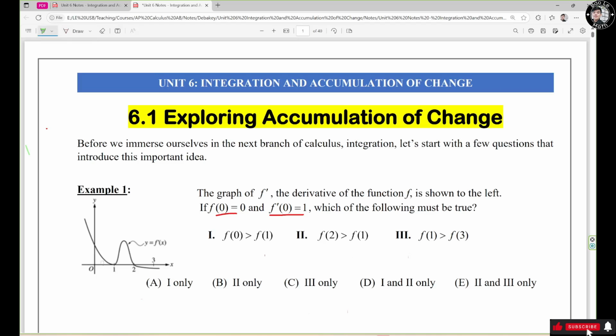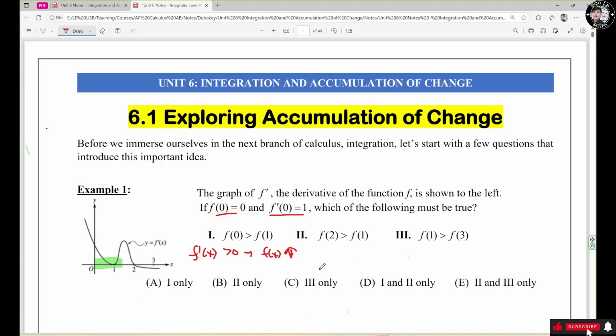So we observe that on the interval 0 to 1, the graph of f prime of s is above the axis, so f prime of s must be greater than 0. It tells us that the function f of s is increasing.